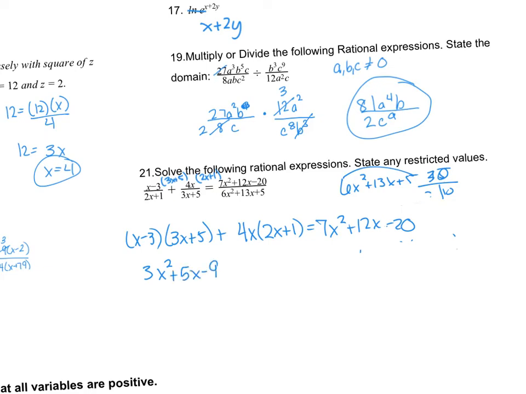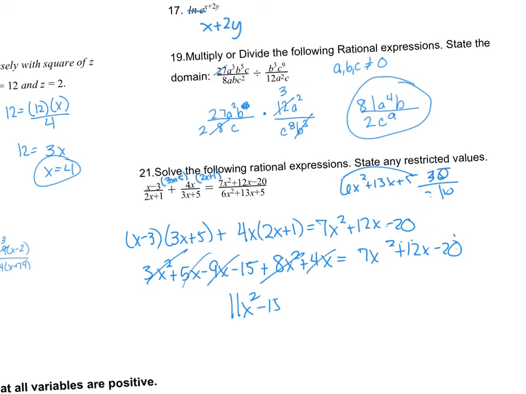My inner is minus 9x. My last is minus 15. Let's distribute. 8x squared plus 4x. Combine like terms, so we have 11x squared, 5x is negative 4x plus 4x, and then that cancels. Minus 15 equals 7x squared plus 12x minus 20.